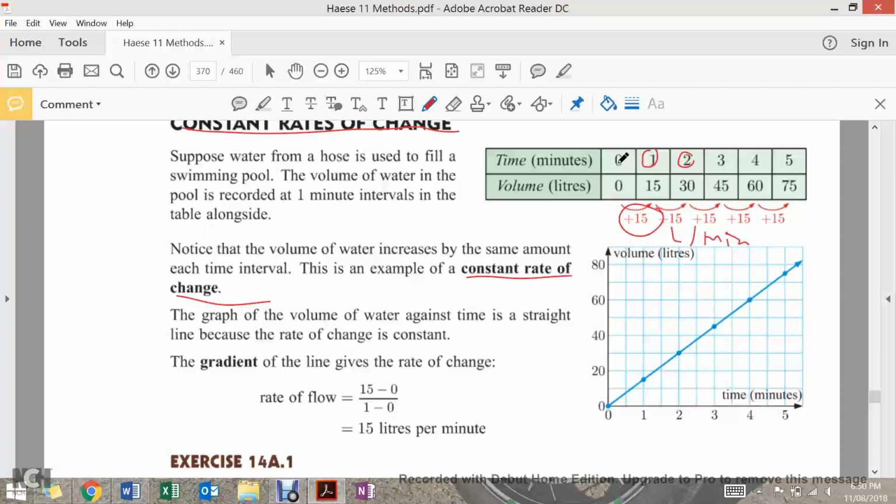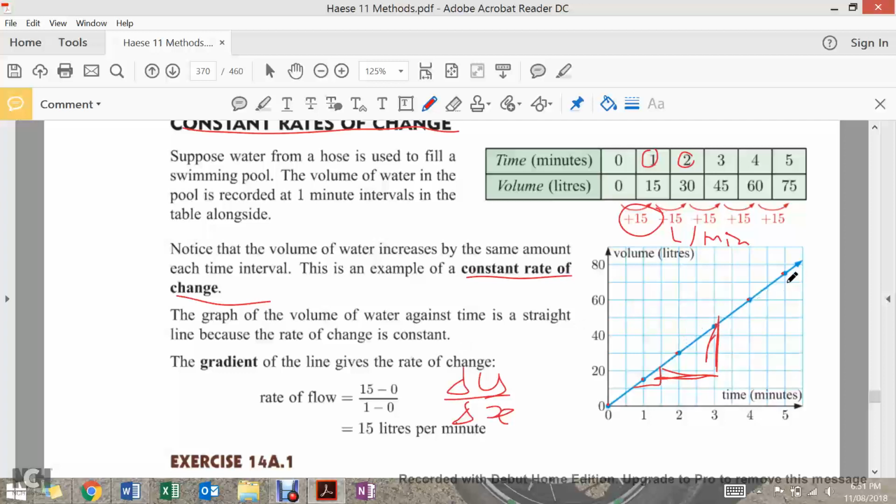If you went and graphed each of these points, here, here, here, here, and here, you could draw a nice straight line through all the dots. That's how you know it's a constant rate of change. So the pool has a constant rate of volume increase. The way we can actually calculate that increase from a graph is good old-fashioned y step over x step. Delta y over delta x. Again, remember delta just means change in.